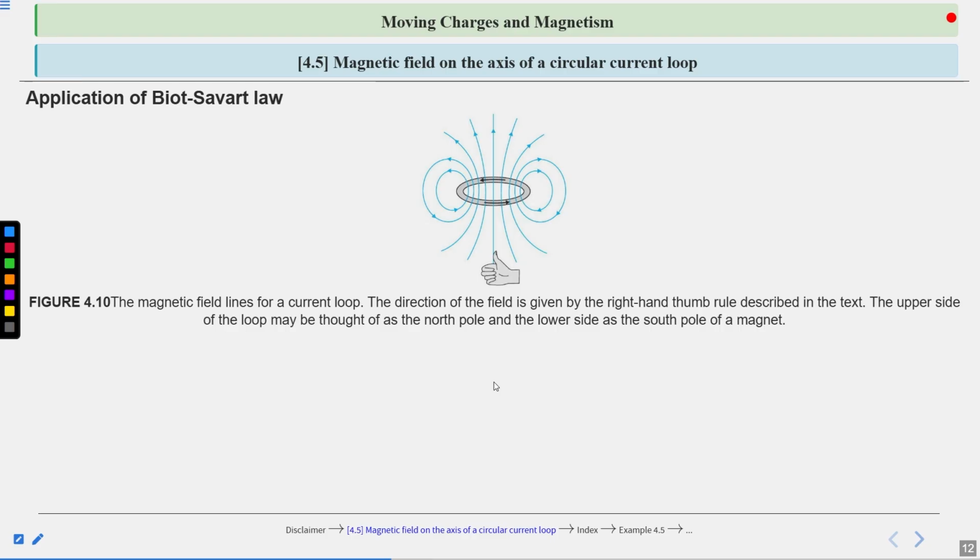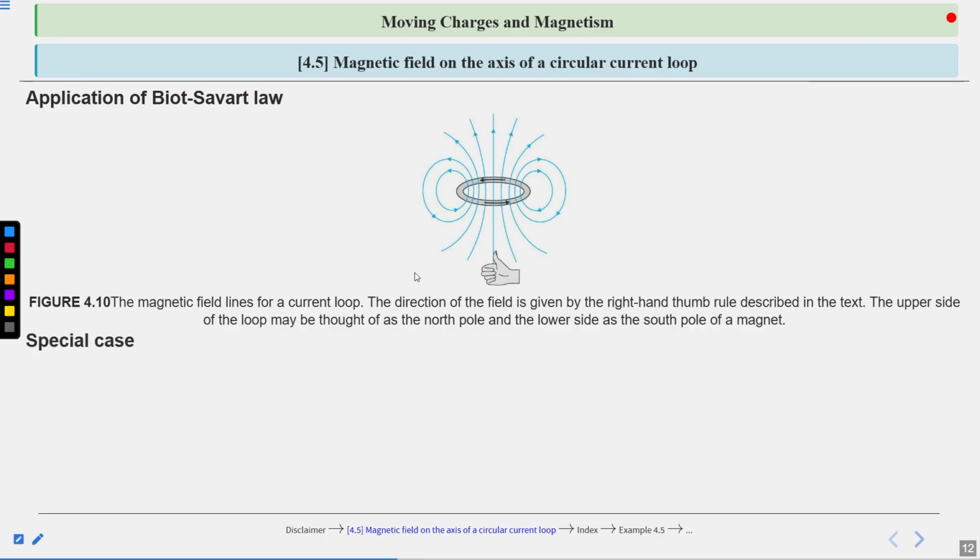If the direction of current is clockwise, then that end of the loop is the south pole. If you are viewing the loop from any end and the direction of the current at that end is anti-clockwise, then the pole is north pole. If the direction of current is clockwise, then the pole is south pole. Got it?